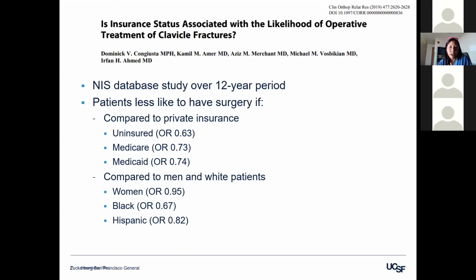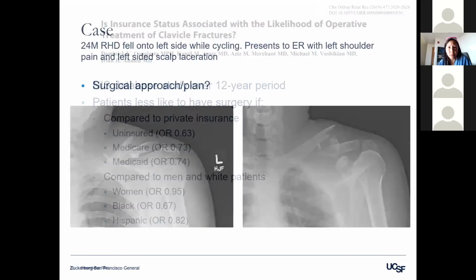But they found that patients were less likely to have surgery if they were uninsured, which makes sense, on Medicare or Medicaid, and if they were a woman, Black, or Hispanic. We see a pretty diverse patient population here, and we like to think that when we counsel our patients we're not considering those factors, but just know that it's out there, unfortunately.